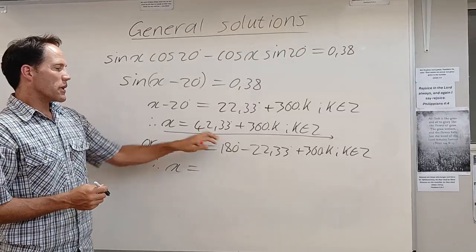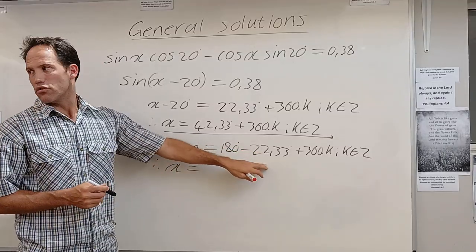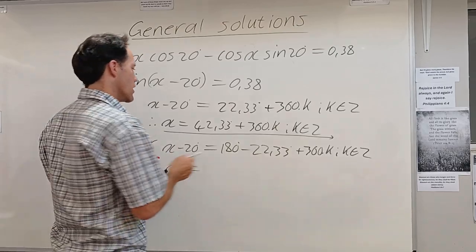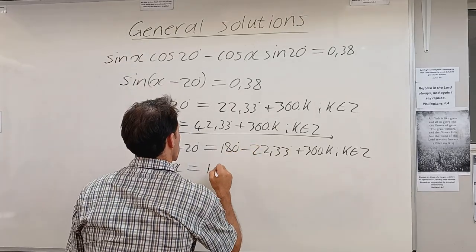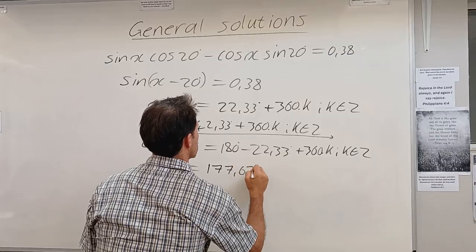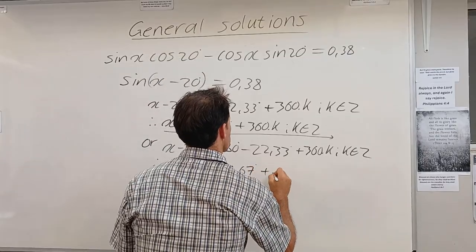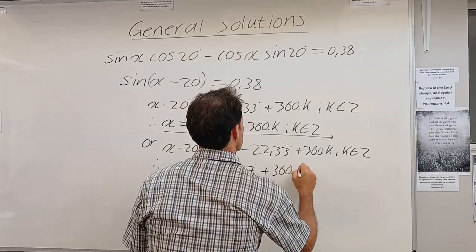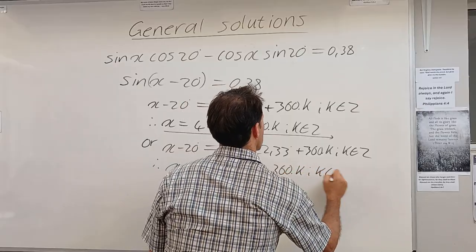So negative 20 plus 20 is, 200 minus 22.33. So it's going to be 177.67. And then plus 360 times k, k element of Z.